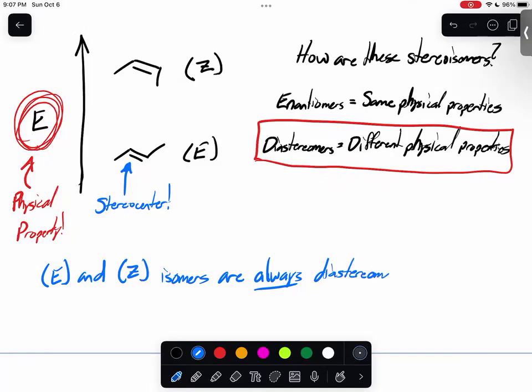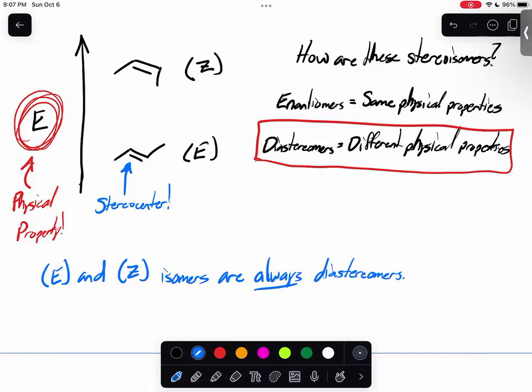And I want to make it clear that they are always diastereomers, even if there are other stereocenters in the molecule. So if all the stereocenters change and then the alkene changes from E to Z, it is automatically a diastereomer. None of those other stereocenters actually matter.